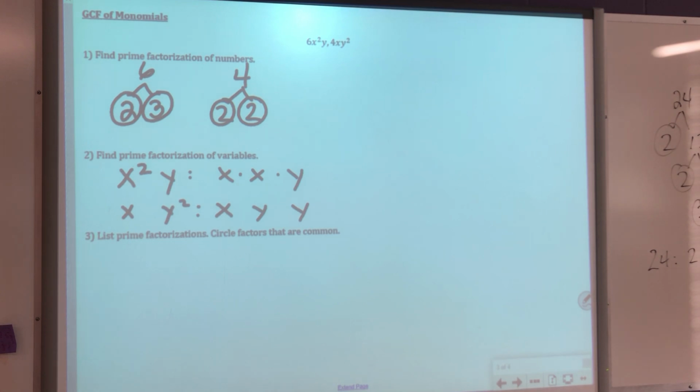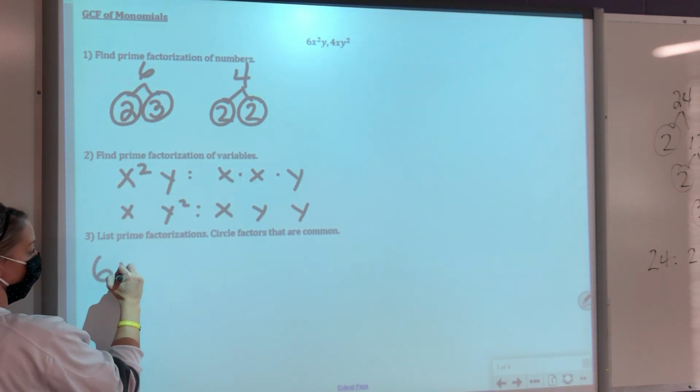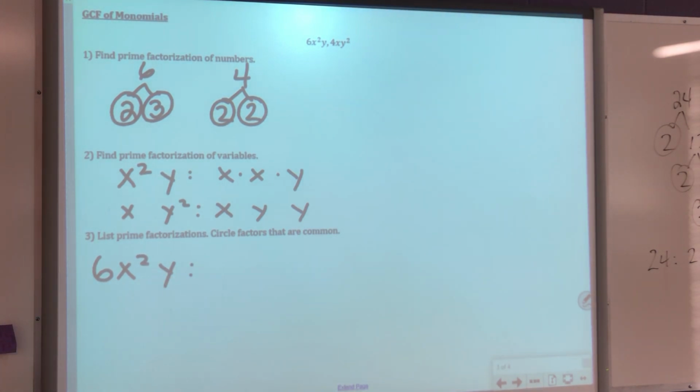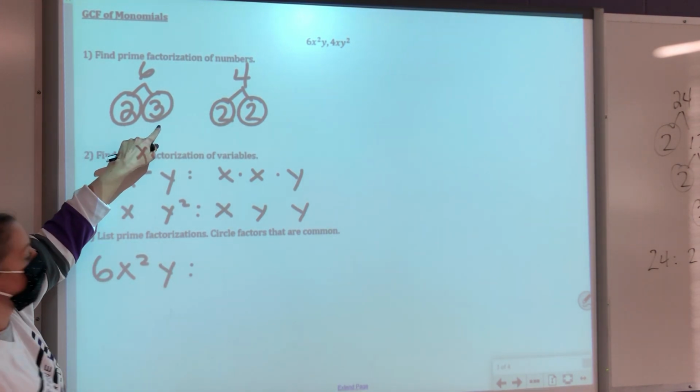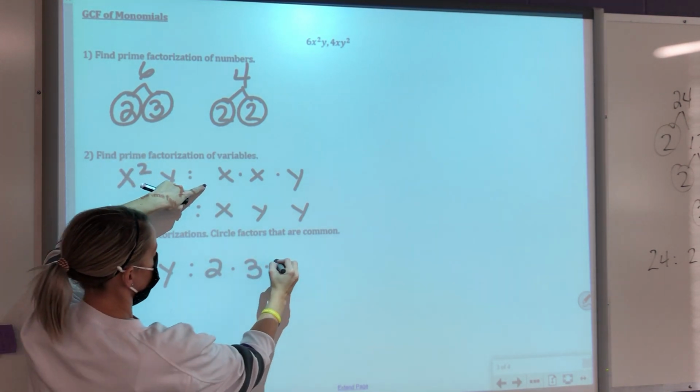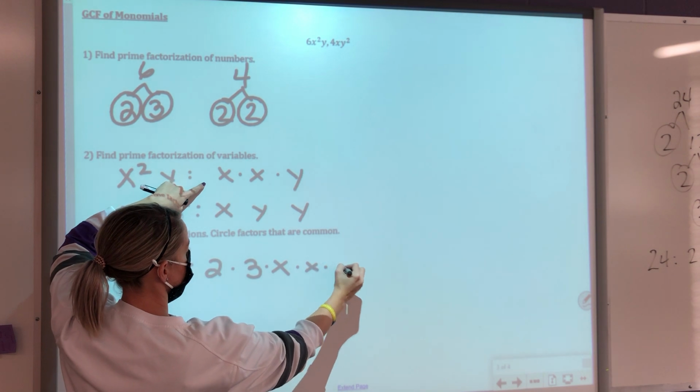Okay. So now we're going to put these two things together. So 6x squared y has a prime factorization of 2 times 3 times x times x times y.